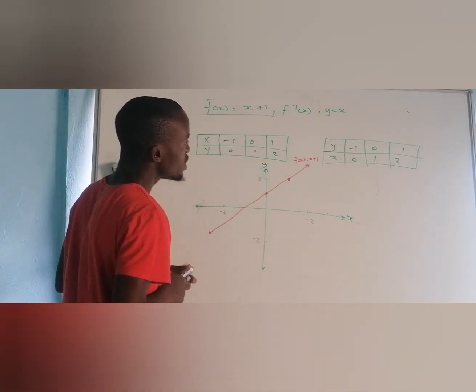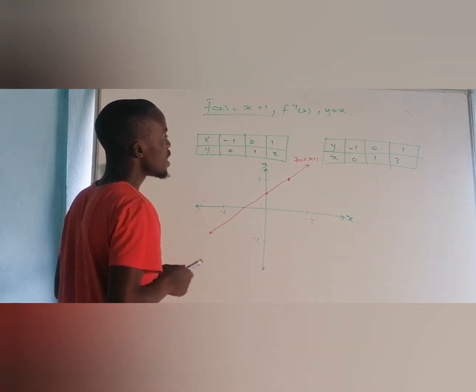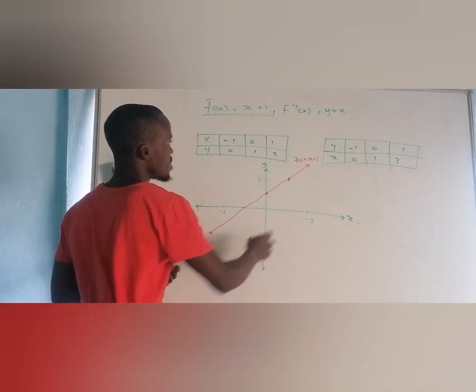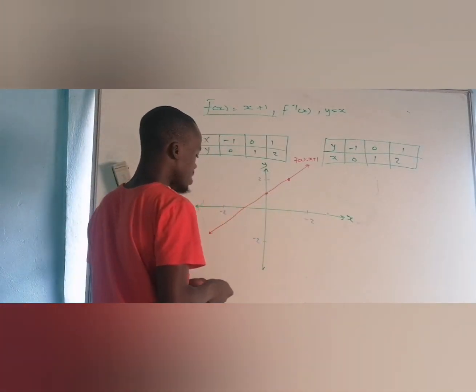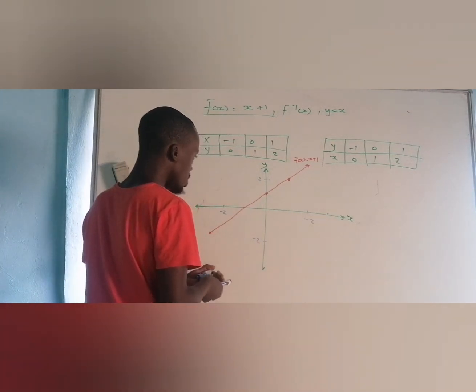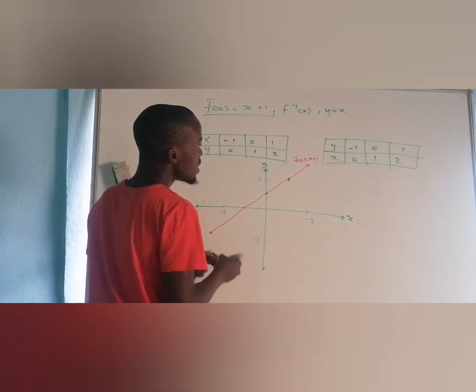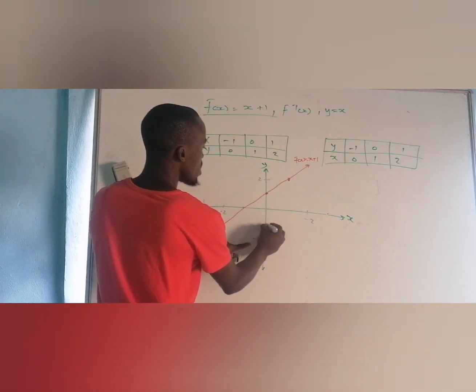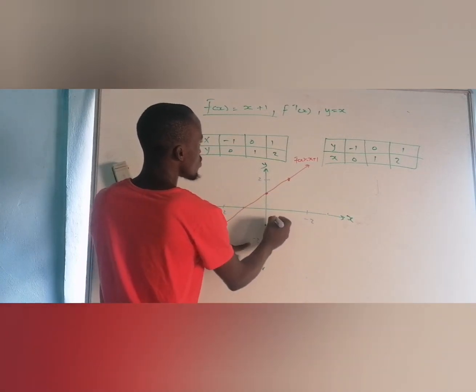Right? Let me draw the inverse. These are the inverse points. Let me just use a different color. Okay, -1 is to 0. -1 is somewhere here. Then 0 is to 1.